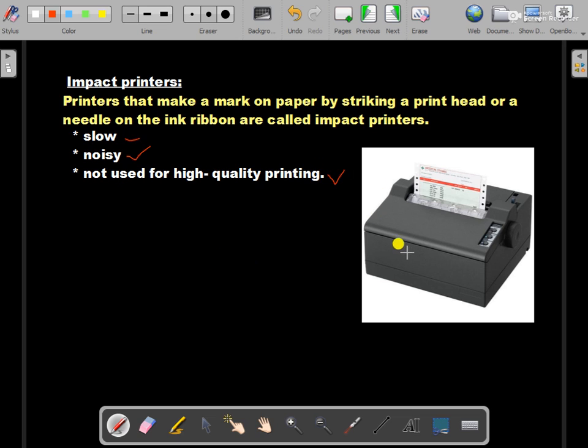This is a dot matrix printer. It is an example of an impact printer. Two other printers available in the market, also called impact printers, are daisy wheel printers and line printers. But dot matrix printers are the most commonly used nowadays.